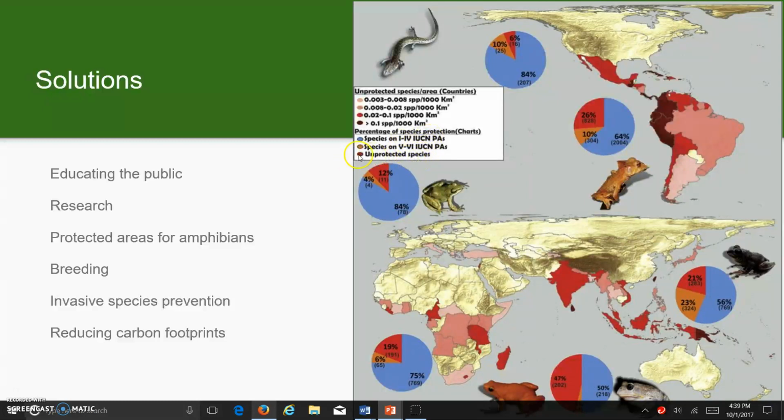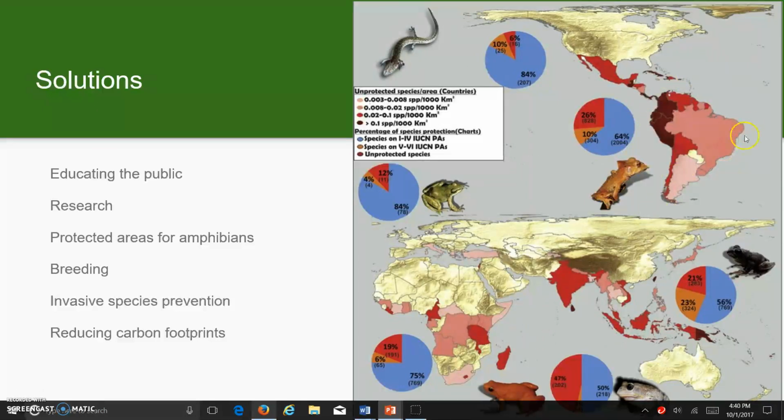And then this dark maroon color in these pie charts, or red color, indicates unprotected species on these lists. So it gives you a broad understanding of where countries are doing a good job at protecting amphibian species and which countries need to improve their amphibian species protection.